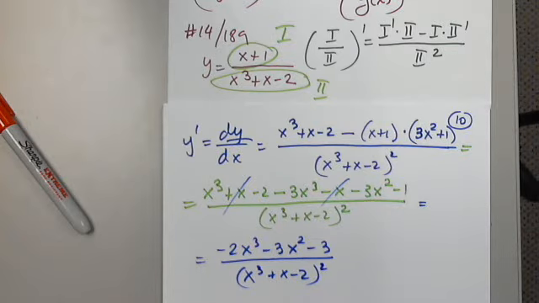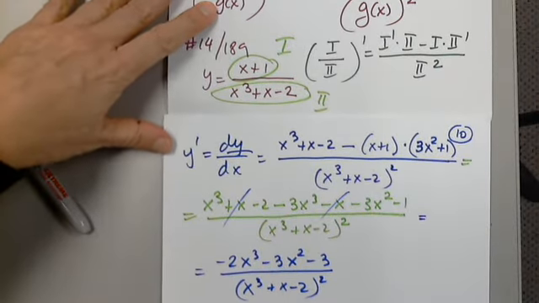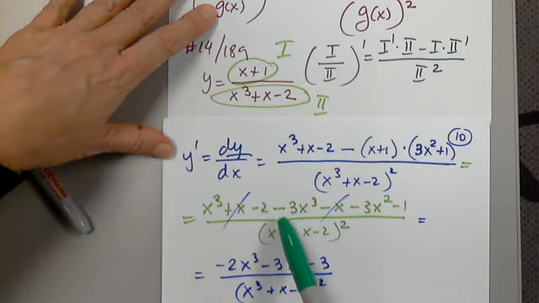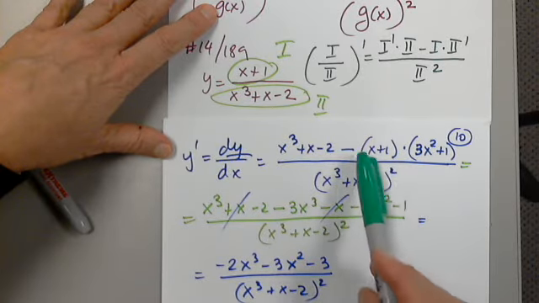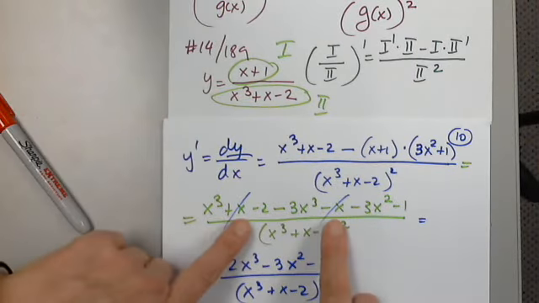Remember, we never expand denominators. Should I go back and explain something here, or is it clear? So x times 3x squared with minus in front, x times 1 with minus in front, 1 times 3x squared with minus in front, and 1 times 1 with minus in front. These two go away.